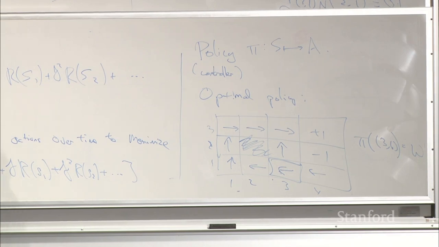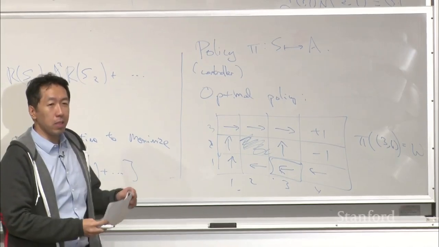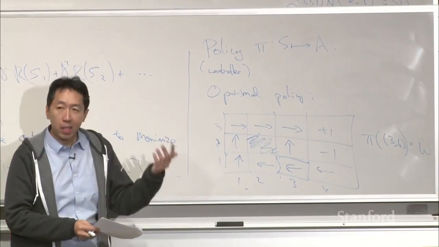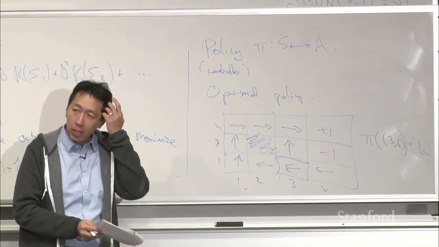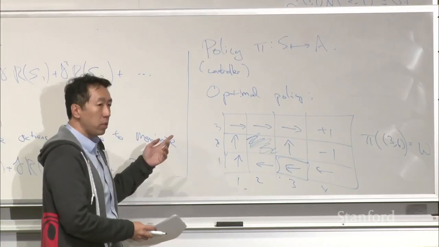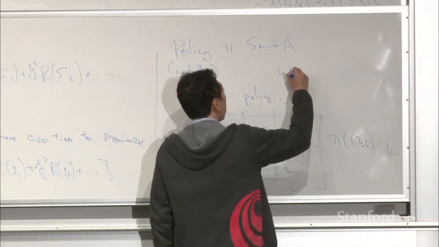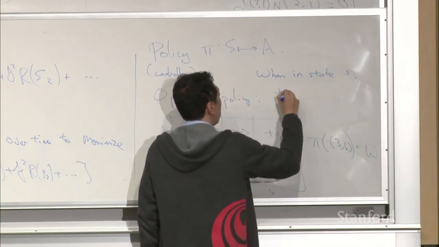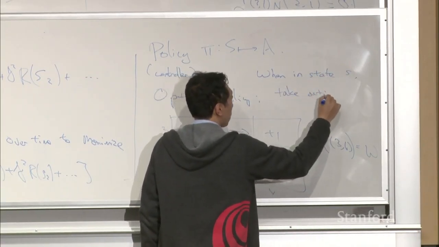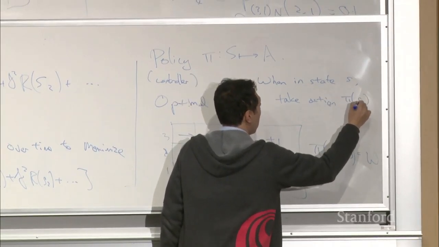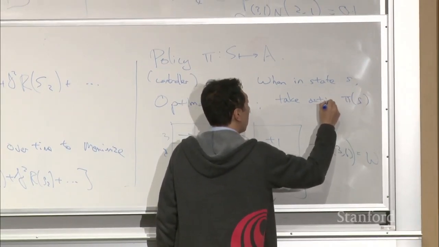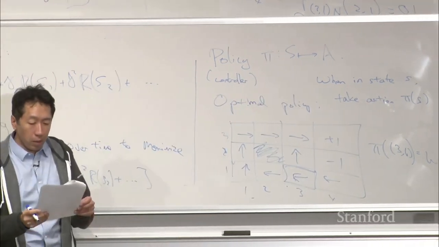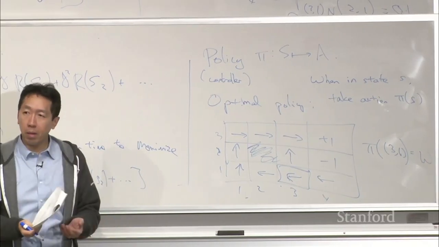I separately worked out what is the optimal policy, and this turns out to be optimal in the sense that if we say execute this policy, it means that whenever you're in the state S, take the action given by pi of S. So that's what it means to execute a certain policy.